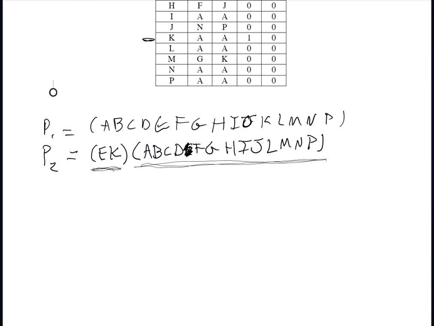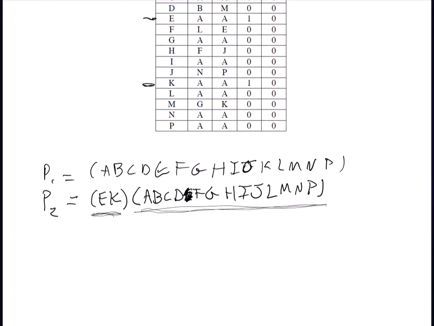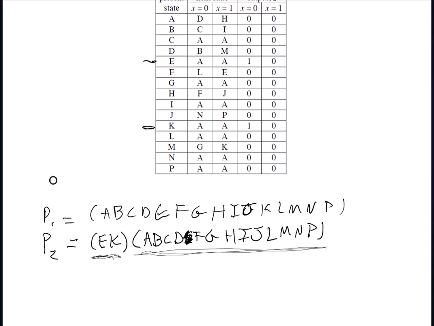We'll start with E and K, and we'll start with 0. I'll put another little column up here for x equals 0. What partition is the next state in?